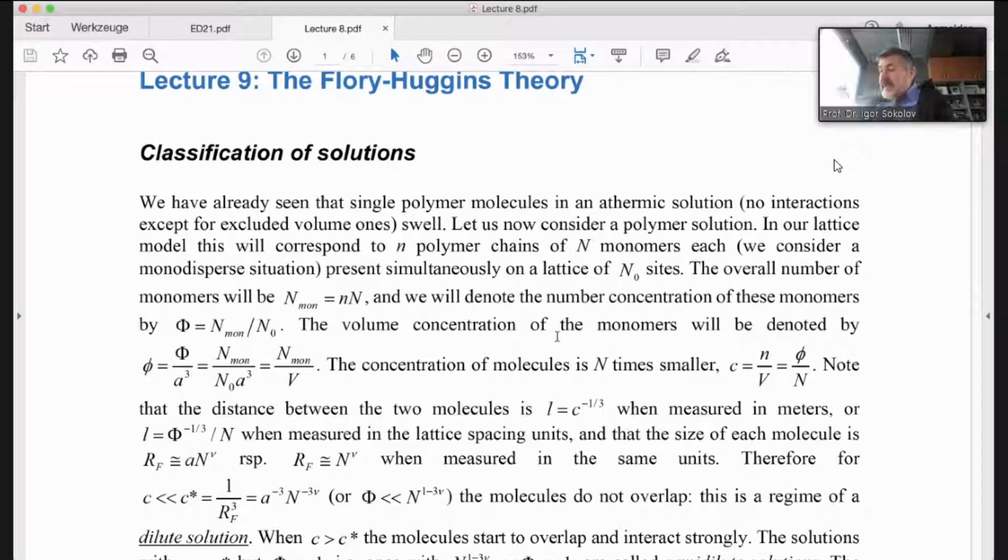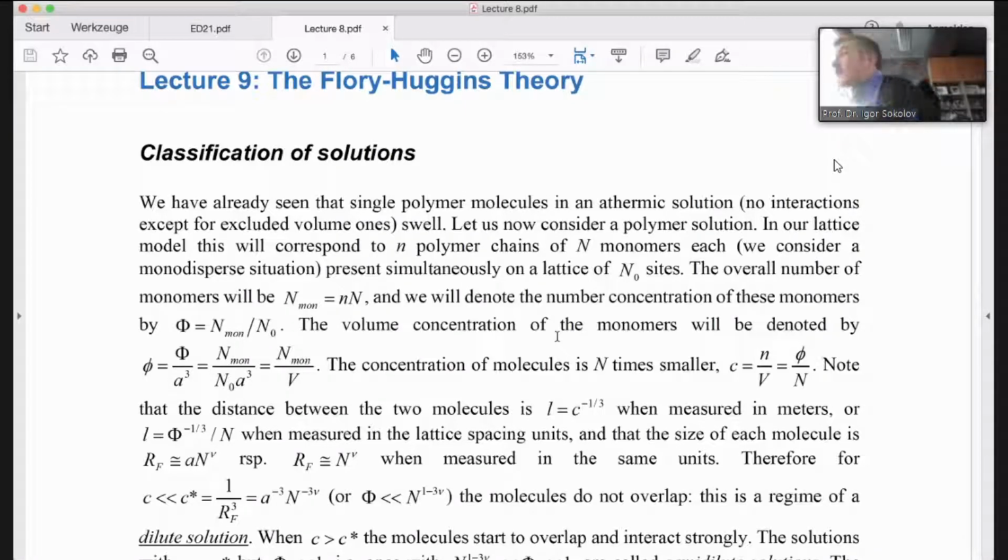Now let us consider the simplest situations where you have many chains. I will start from a classification pertinent to the case of a thermal solution, and then I will go into introducing some approximations for the general case, and then we can return to the question how general my classification was.